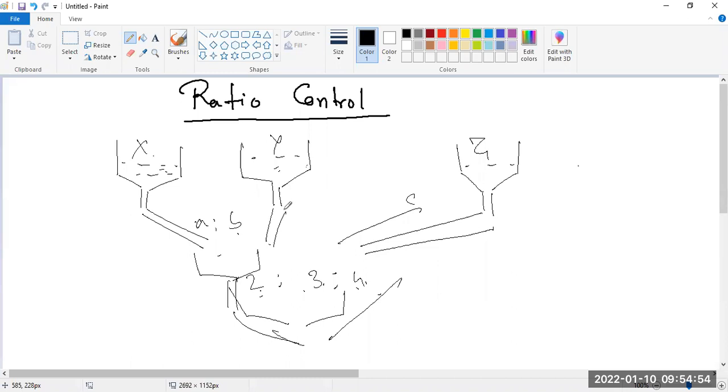But if this is a chemical process, we have to consider accuracy very much, because if the ratio is mismatched or some disturbance happens, then the total ratio becomes disturbed. So this is not wanted. For this case, sometimes we apply a model-based approach and sometimes we apply a feedback control system. In normal cases we apply a feedback control system.